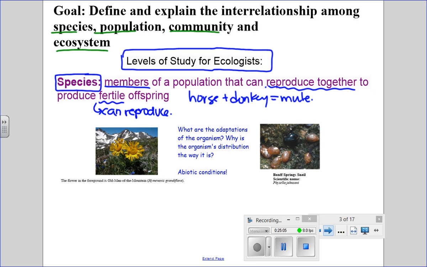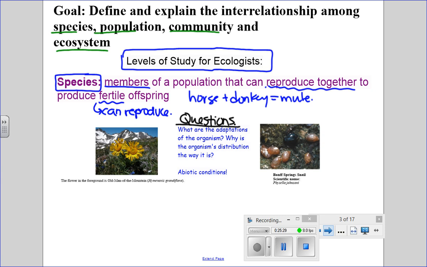So when we are studying a species, the thing that I want to focus on are the questions the ecologist would ask. We're focused on one specific type of organism. So we're asking ourselves what biotic or abiotic factors affect this one specific type of organism.